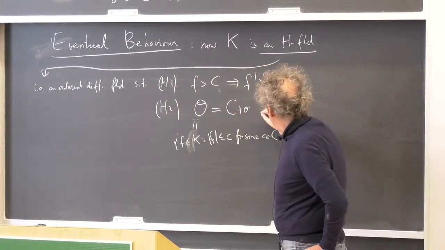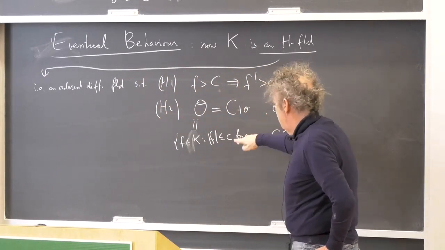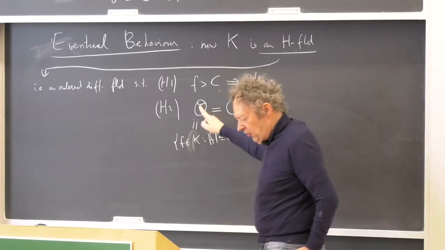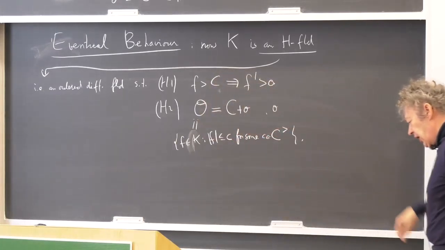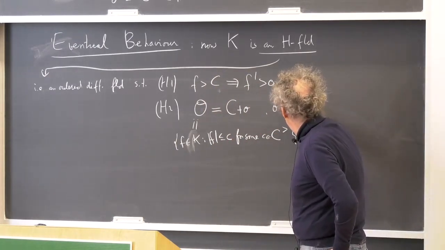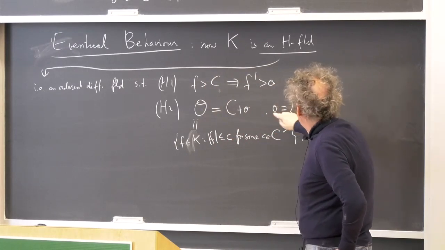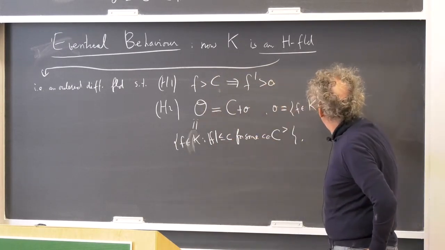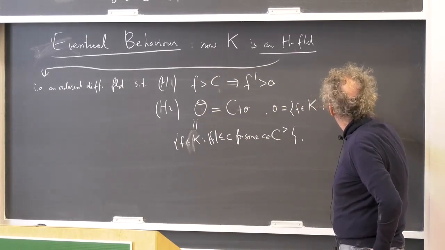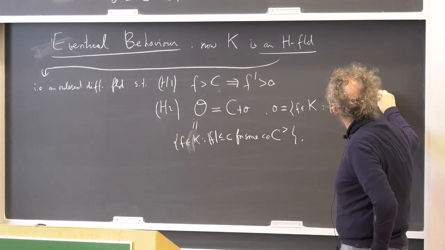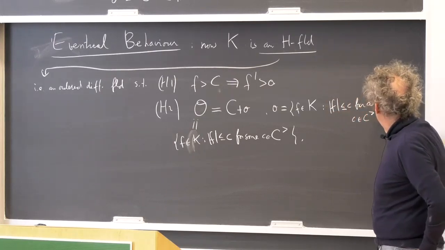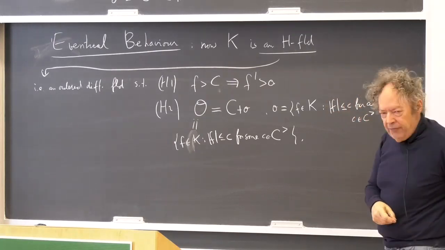And little o, what was little o? This is a convex subring of K, and it's a valuation ring, and so you get the corresponding asymptotic relations. Little o is the infinitesimals: it's the maximal ideal of big O, f less than c for all positive c in the constants.